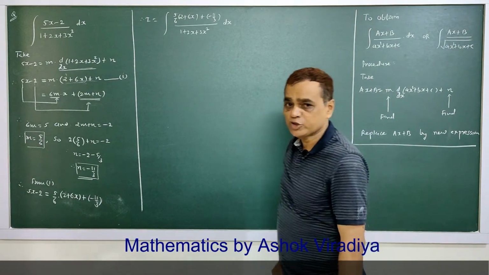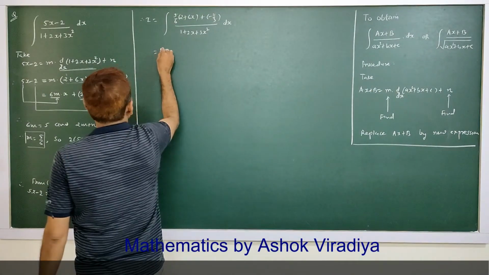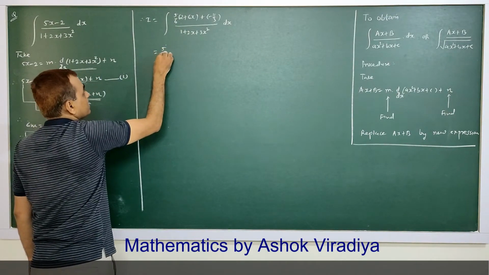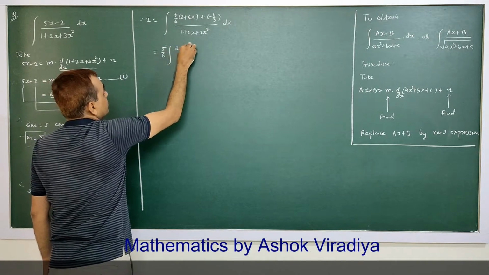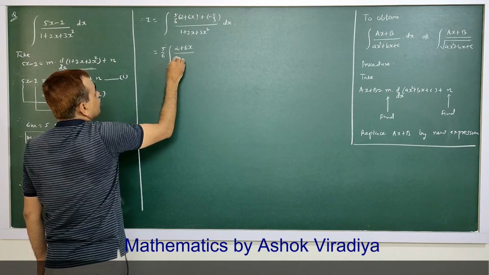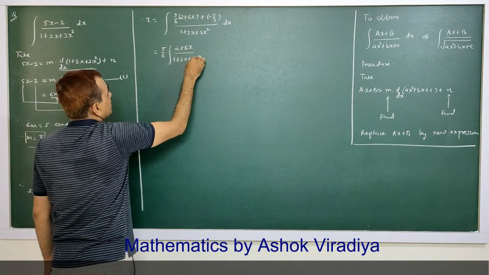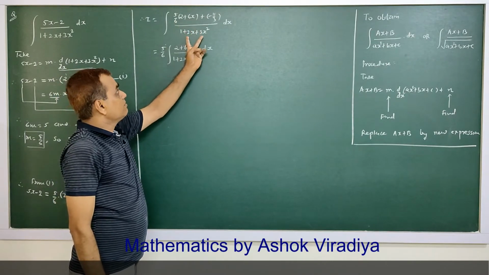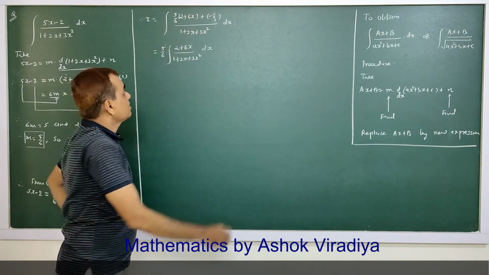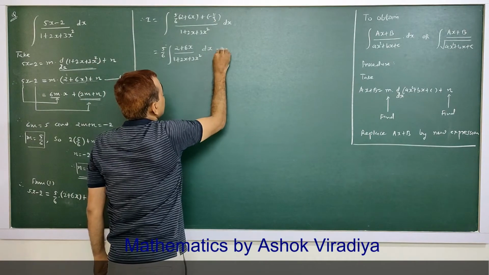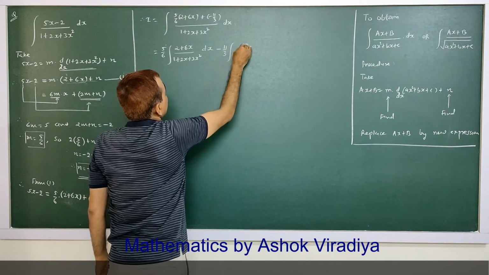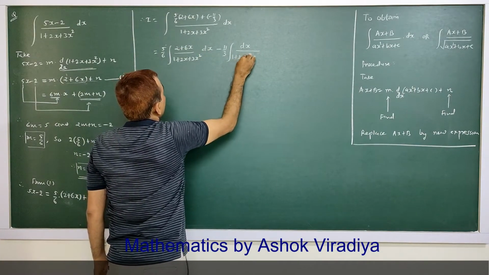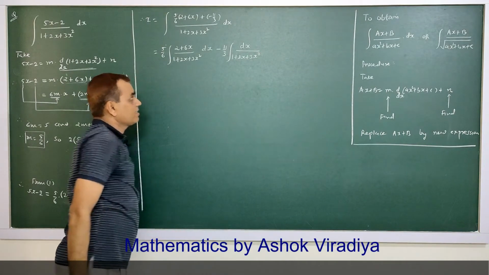Now dividing this individually: 5 by 6 into 2 plus 6x upon 1 plus 2x plus 3x square dx, plus minus 11 by 3 dx upon 1 plus 2x plus 3x square.